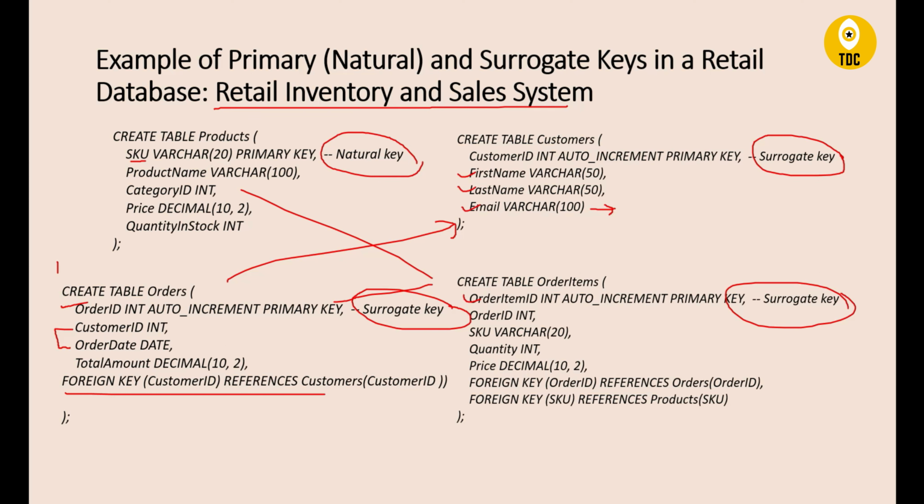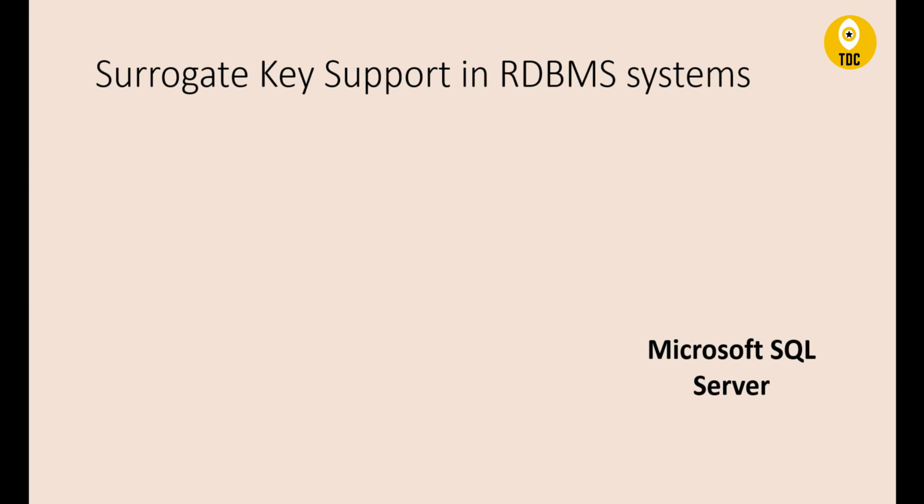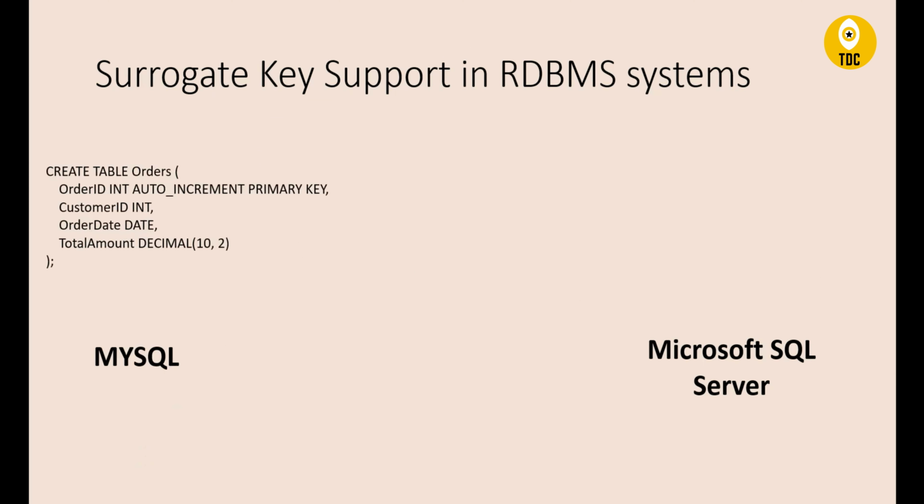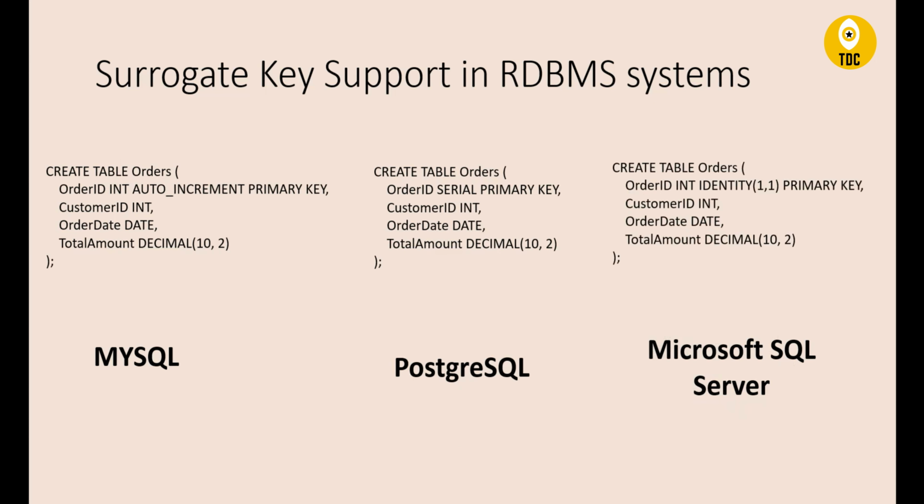We'll quickly jump to the next section, where we will see how different RDBMS systems syntactically use a surrogate key. A primary key is quite simple, but we wanted to show how different RDBMS systems are syntactically different when you are defining a surrogate key.